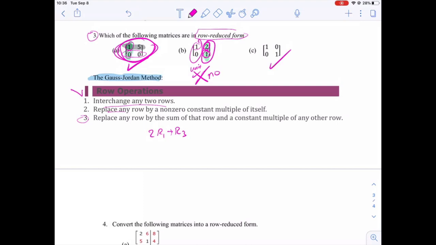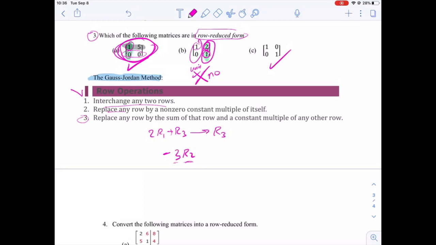So we multiply the first row by 2 and add it to the third row and put that in place of the third row. That's possible, we can do that. Or multiply the second row by 3.